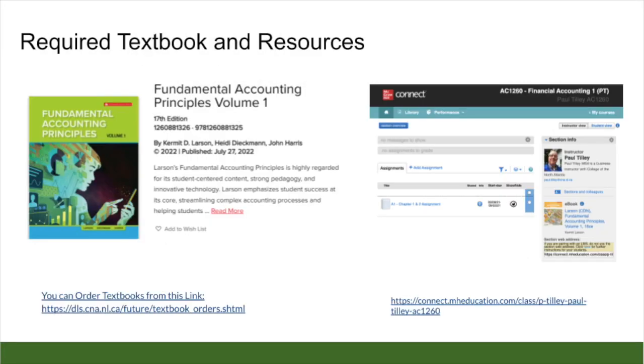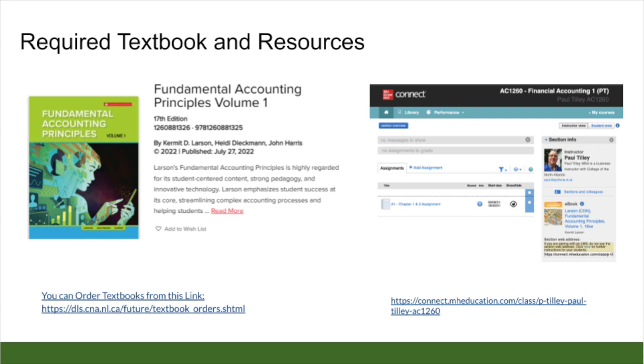For this particular course, the textbook is the Fundamental Accounting Principles Volume 1, and it's by Larson. It's in the 17th edition. And you can get this book through the college's bookstore, and you can order textbooks online through that. And I have the link inside the course there.